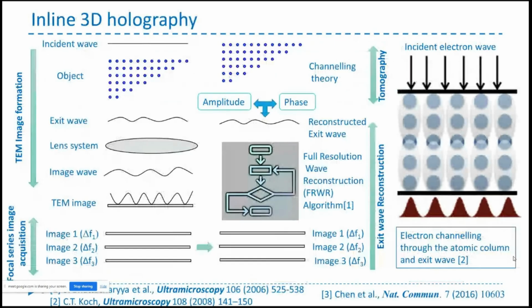So what is the method? This schematic gives you an idea of what it is. You have an incident wave. If you go for the wave equation, you have a plane wave, so the phase is 0. Now it goes through the sample.